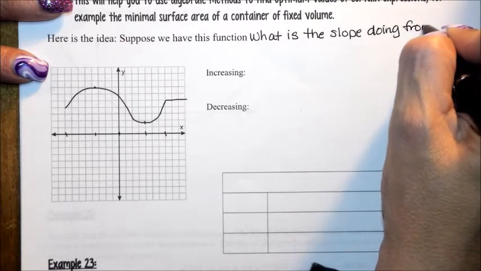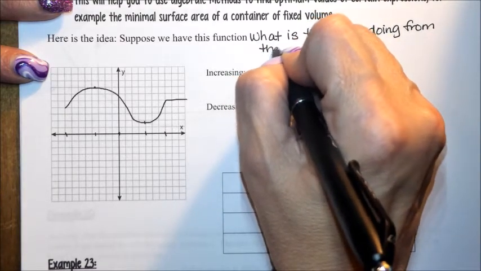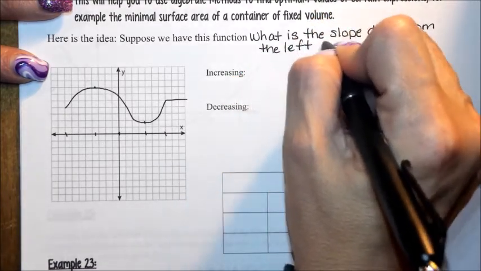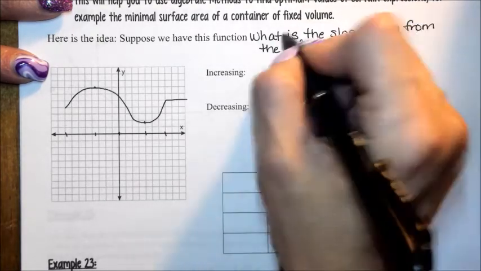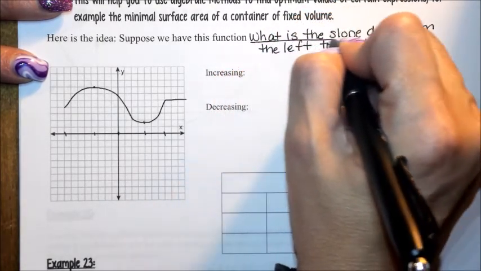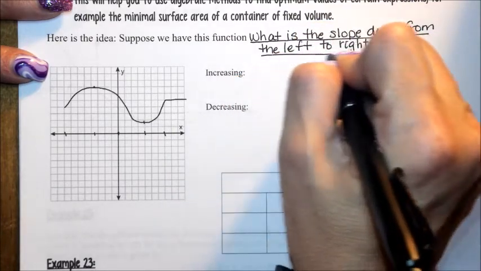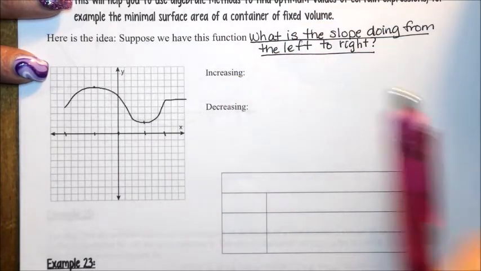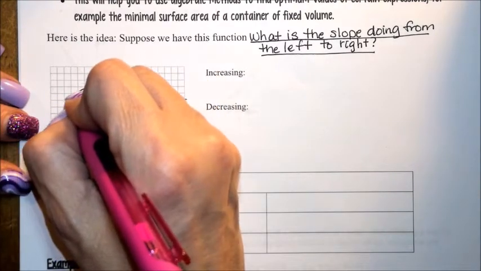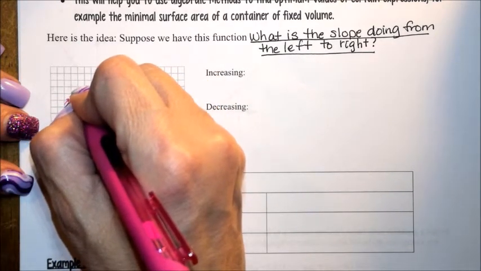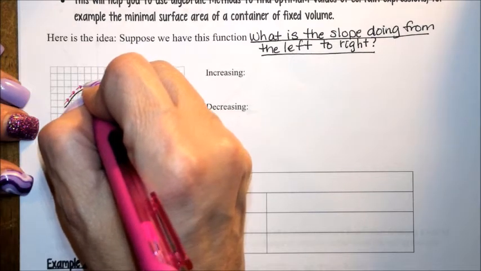From the left to right. All right, I'm going to go ahead and underline that. What is the slope doing? So let's think about this as we look at the slope of the tangent. So as we're going up this way, what would the slope of the tangent line be doing?